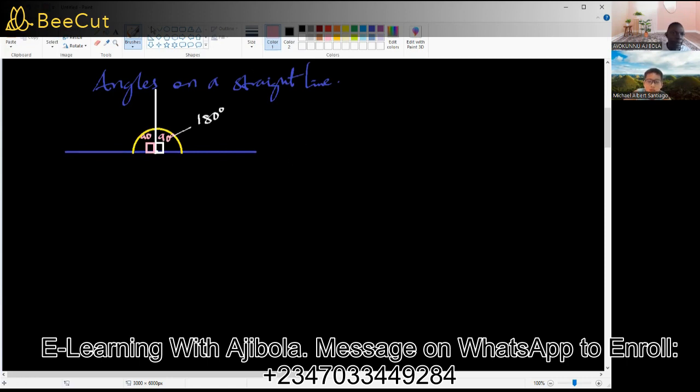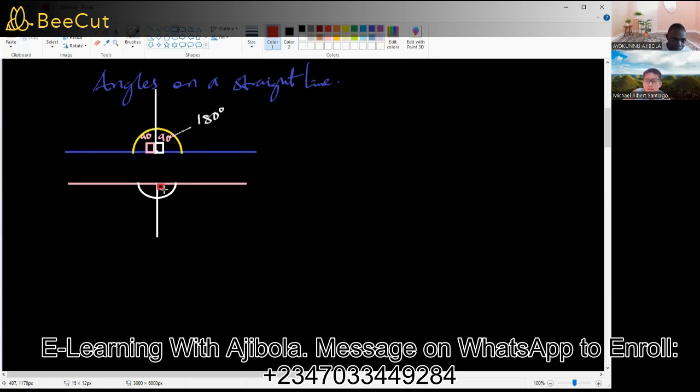And if I have another line, let's say here's another line, and I still have another angle on it. Let me now remove this at the top, so that it remains only the one at the bottom. I can also call the one at the bottom 180 degrees, okay? Is that clear?